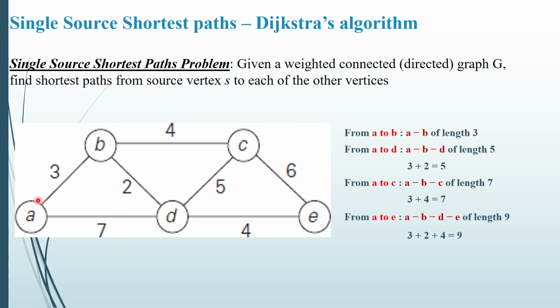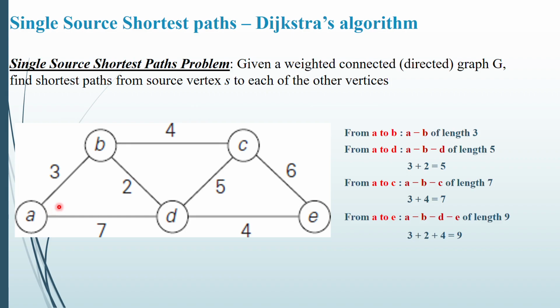In the same way, now I have to find the shortest path from source A to destination E. Once again you have many paths here. One path is A to B, B to C, C to E, and one more is A to D, D to E. Among all possible paths you have to select the path with the minimum length.